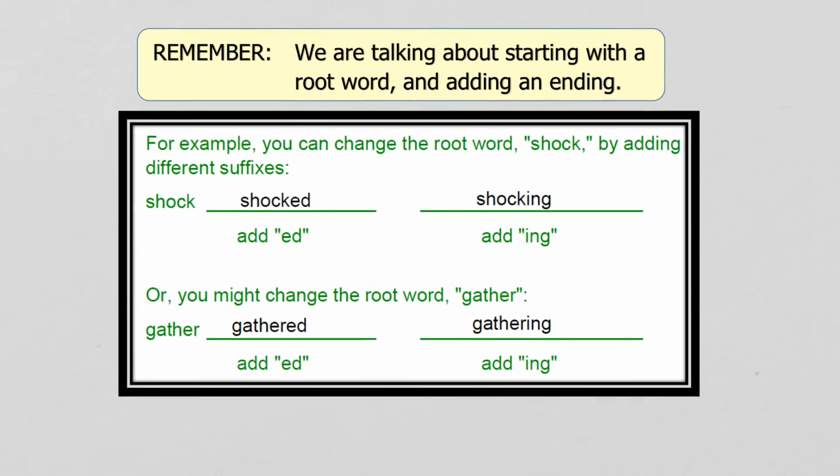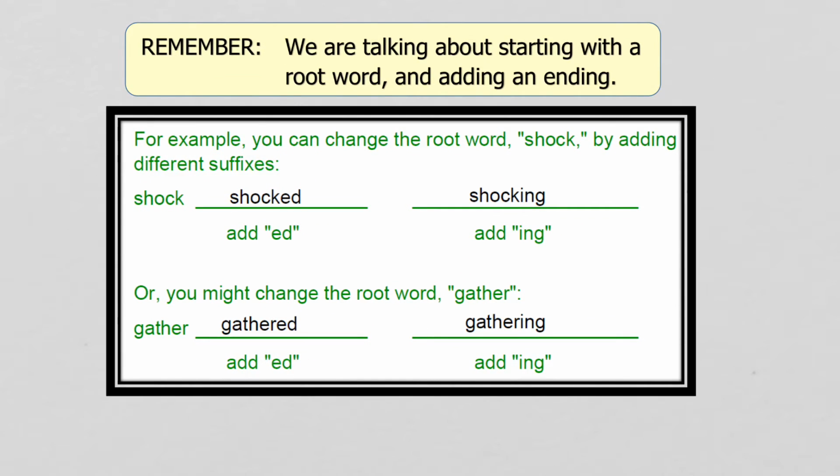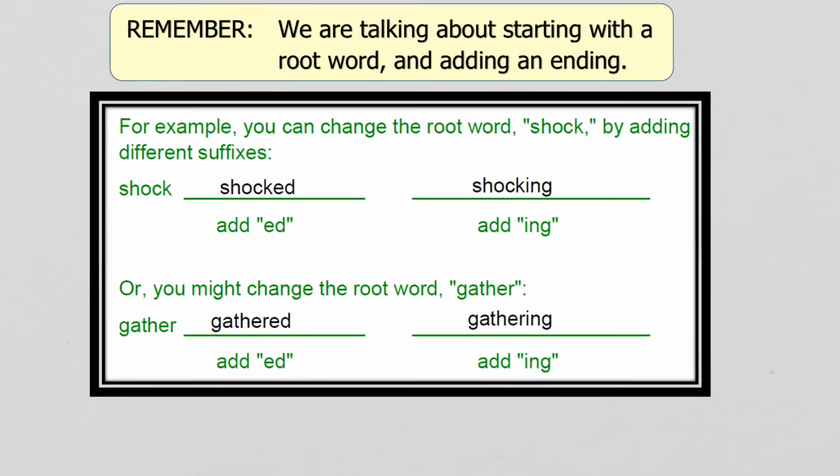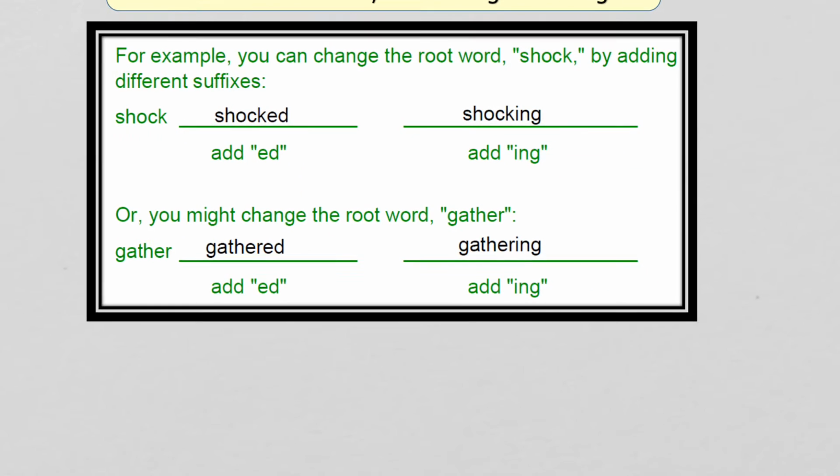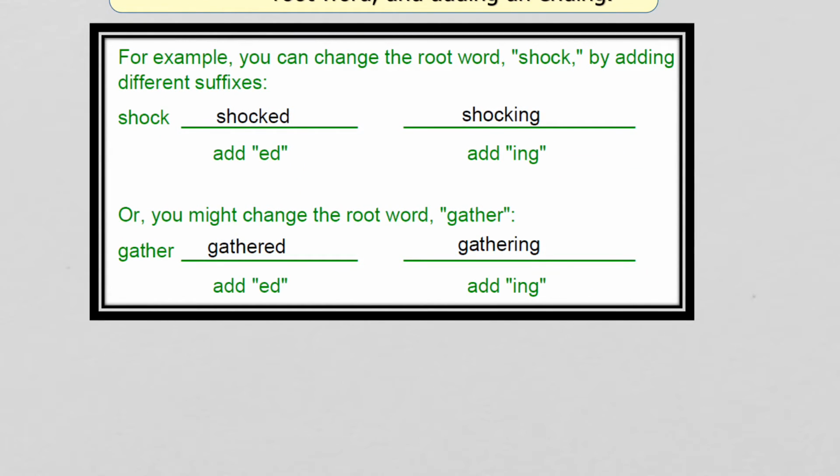So what have we been talking about? Just a reminder, we're talking about starting with a root word and adding an ending onto that root word. Right? Some more examples of this. You could change the root word shock by adding different suffixes. Right? We could add different endings. So we start off with shock, we could add ed and get shocked, S-H-O-C-K-E-D.